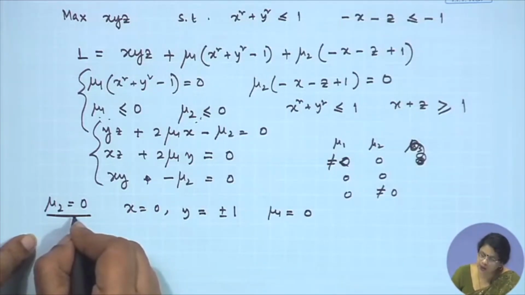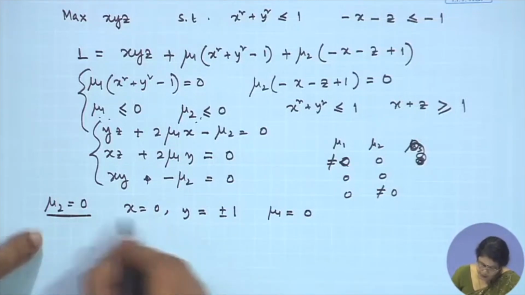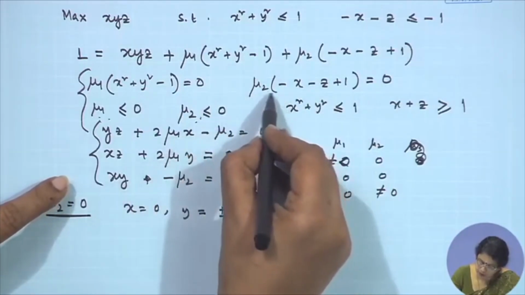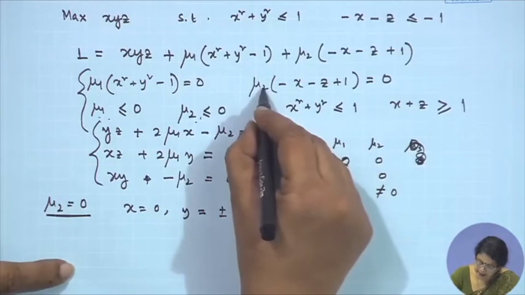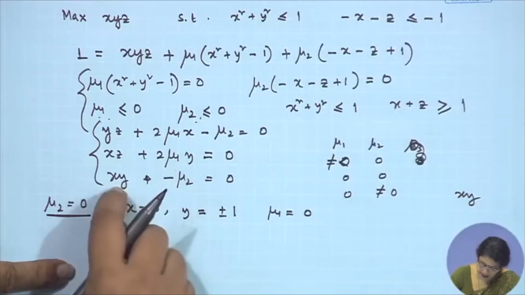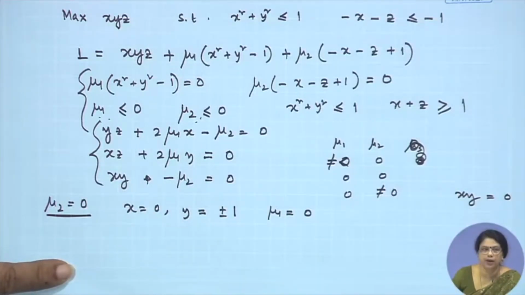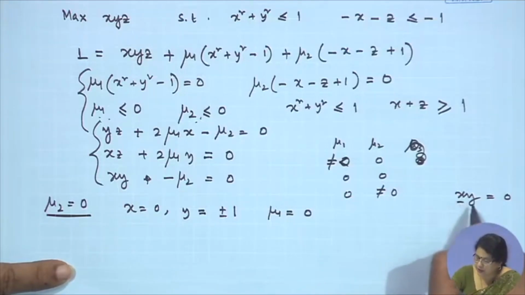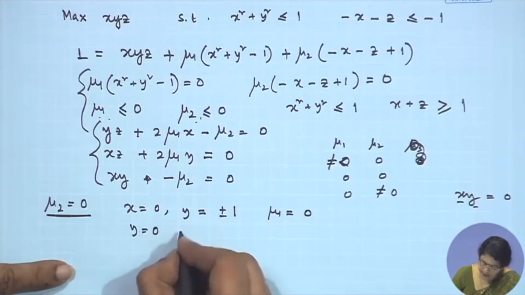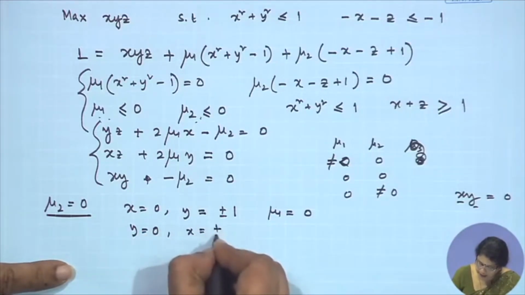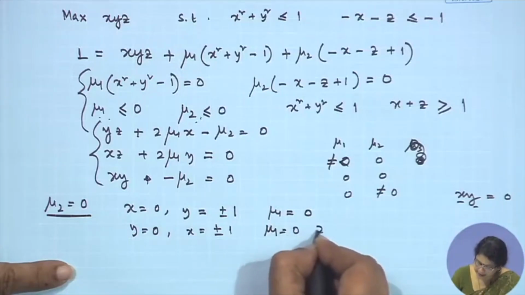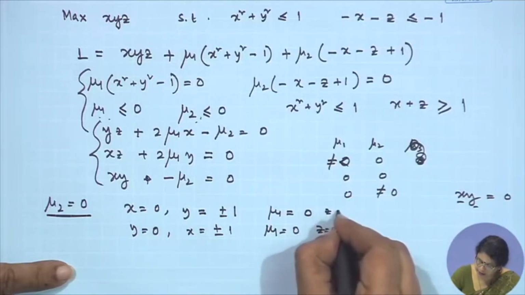If mu 2 is equal to 0, then we get xy is equal to 0, so either x equal to 0 or y equal to 0. If x equal to 0, we get this. If y equal to 0, we get another set of values, x equal to plus minus 1, mu 1 equal to 0 and z equal to 0. Here also z is equal to 0.